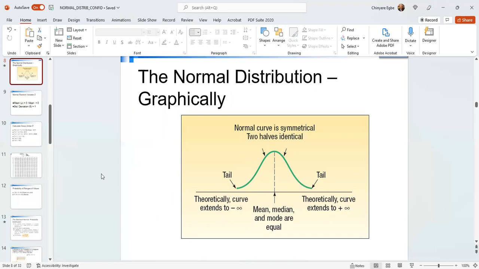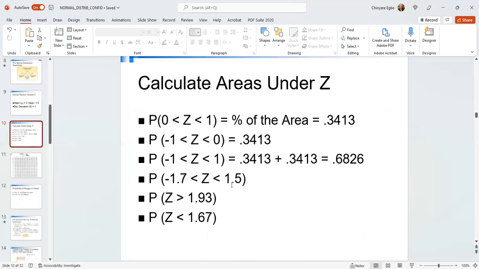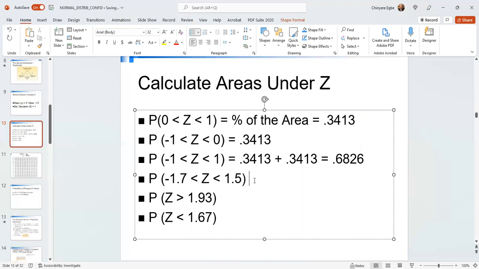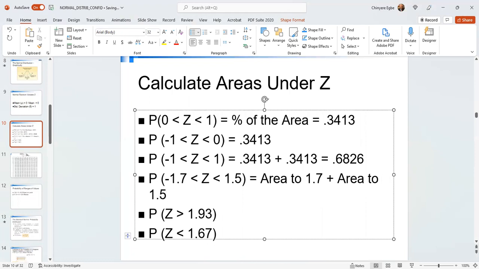So you find the area equals area to 1.7 plus area to 1.5, and then add. Okay.